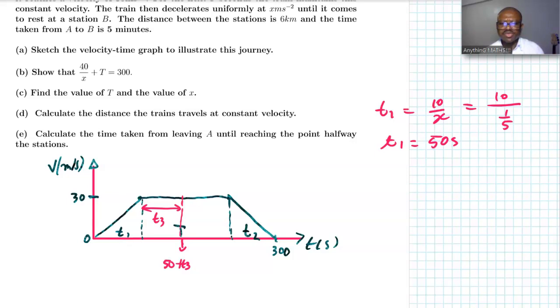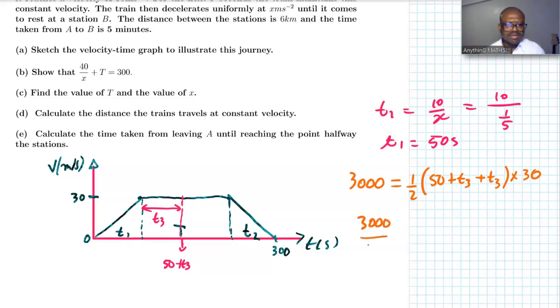Because it's halfway through, this first part is also a trapezium, and as a result we can say 3,000 should be half of (50 plus 50 plus 2T3) times 30, which will give us 3,000 divided by 15 should be equal to 50 plus 2T3.